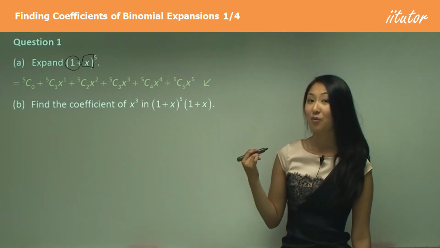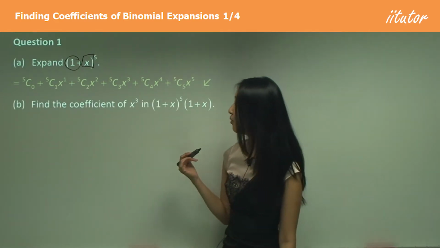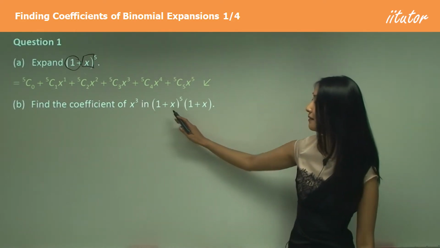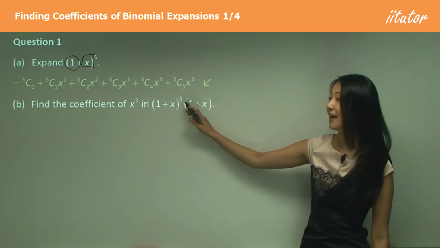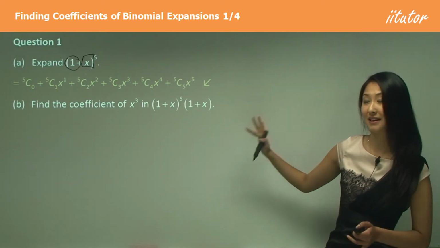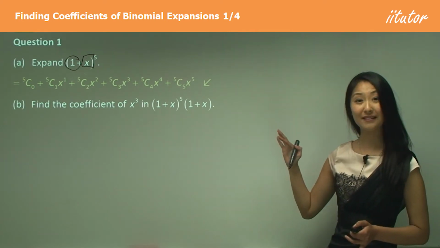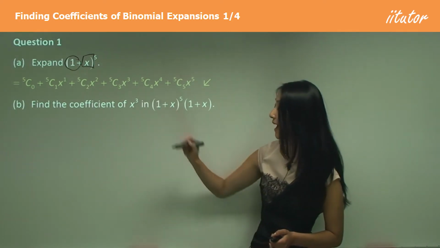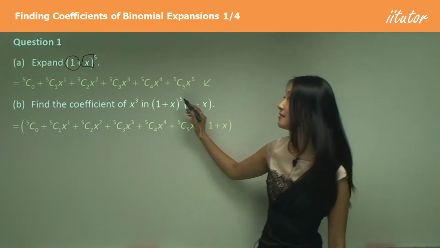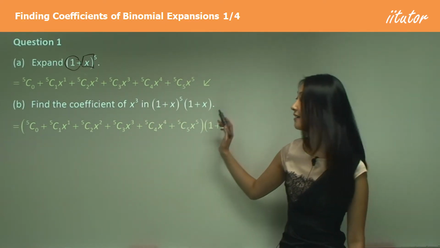Now, I want you to find the coefficient of x to the power of 3 in 1 plus x to the power of 5, and then 1 plus x, okay? And this is just a method I'm going to teach you. So one of the methods to find the coefficient of x to the power of 3 is, we know the expansion of this is that whole thing there, all right?